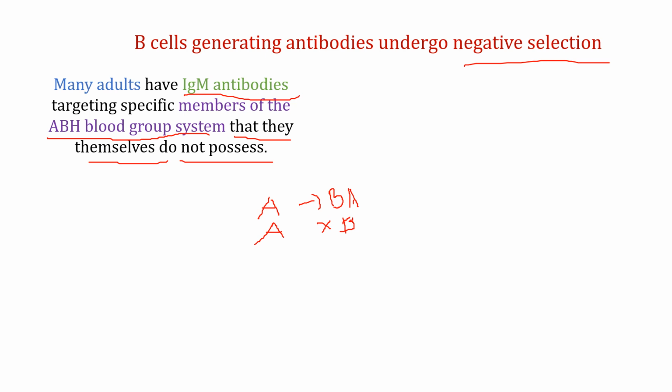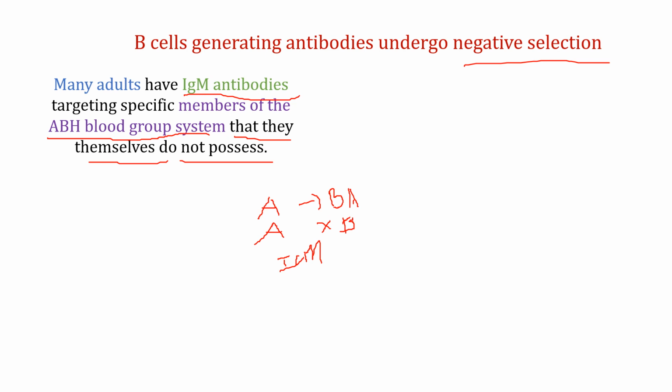So her immune system produces IgM antibody, a particular IgM antibody targeting the B antigen, even though she doesn't express it herself. They naturally produce the IgM antibody against the B antigen in her body.